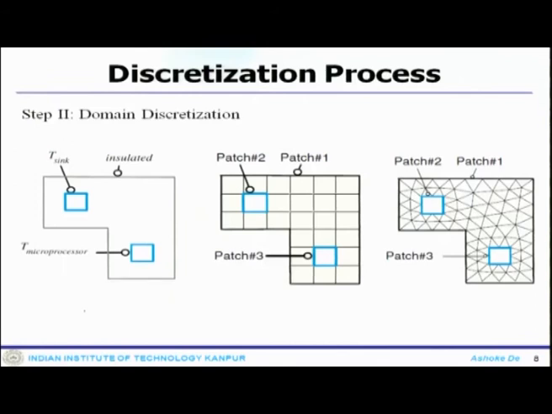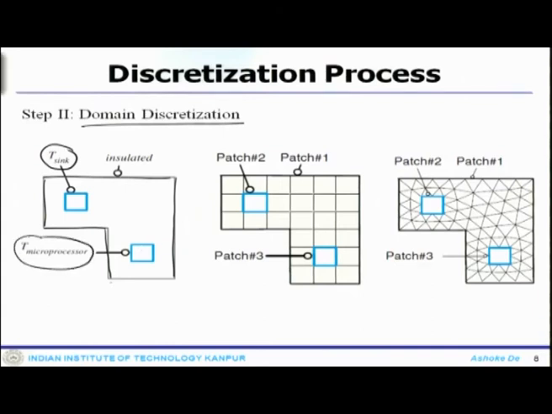The second step is very important in the sense of how you look at the system or discretize the domain. So this is my complete spreader base, this is an L shape base, this portion is the heat sink. So I have a boundary condition of T sink, this is the heat generator, the microprocessor.